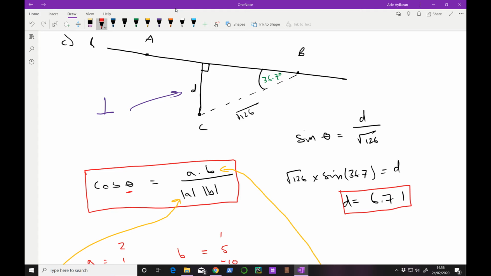But that's boring. I'm not going to do that. I'm not going to do simple trigonometry. Instead, I'm going to fully understand and flesh out what it means to work with vector equations.